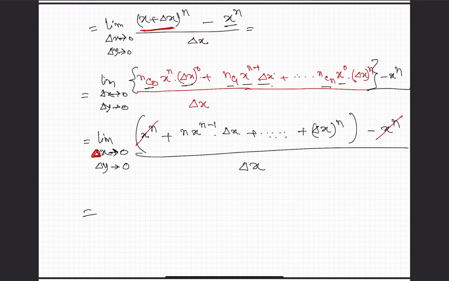So we don't need del y actually here, because del y was here and we have put it in terms of del x. So I'm writing it again.